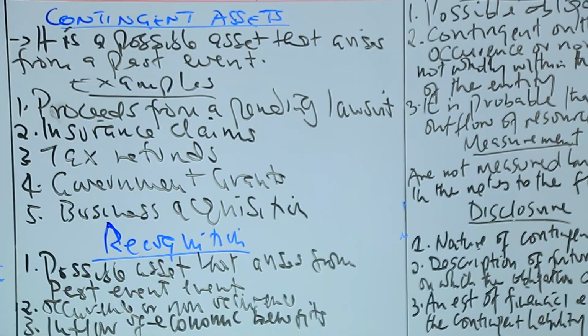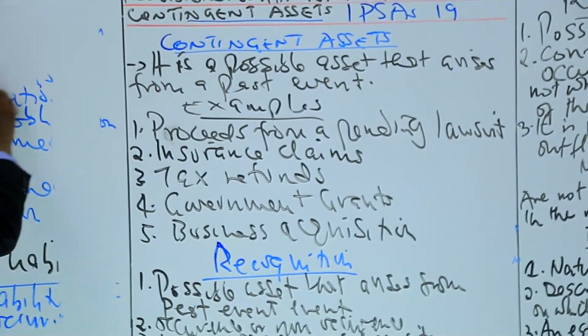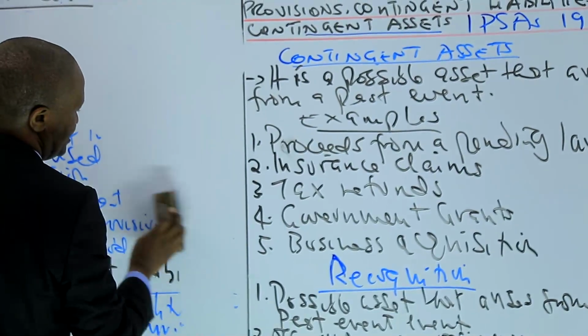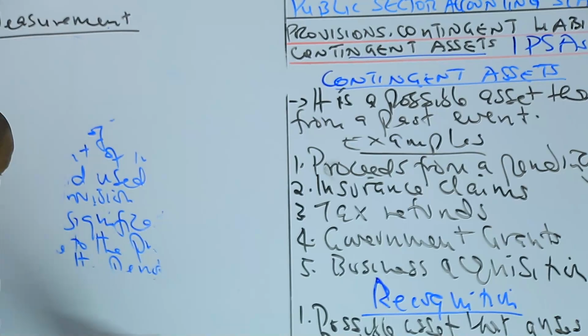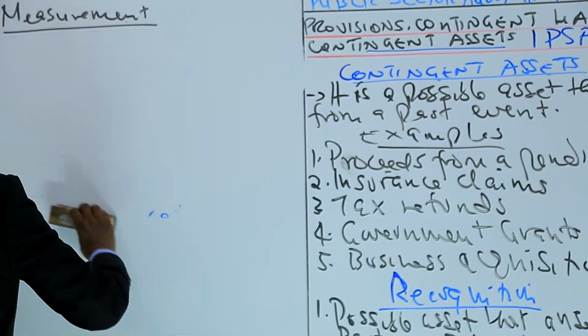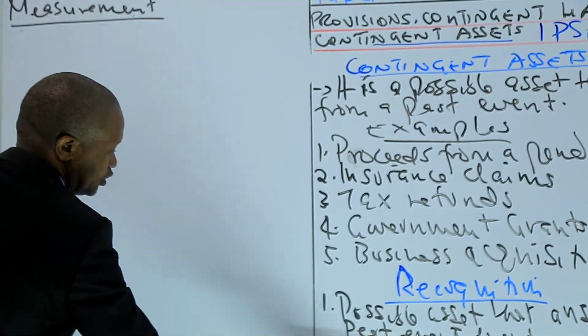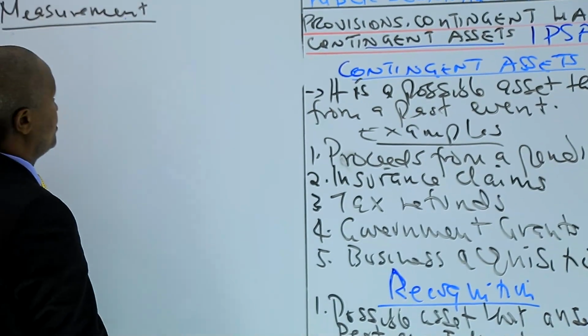We are now going to study measurement. How are contingent assets measured? As we have already mentioned, contingent assets, just like contingent liabilities, are not measured, but they are only disclosed in the notes to the financial statements of public sector entities.